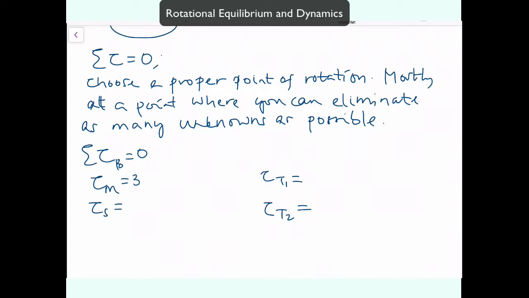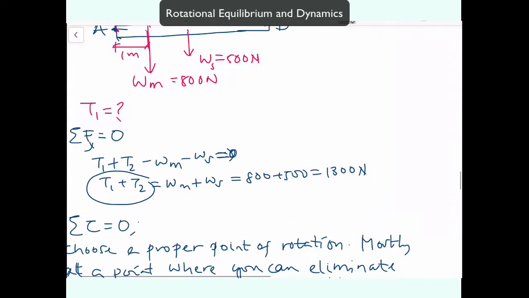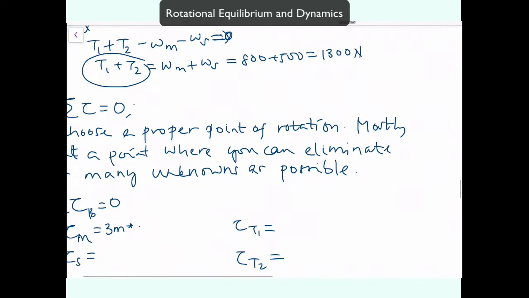You'll have 3 meters multiplied by the man's weight, which is 800 Newton. So this is 2400 Newton meter.